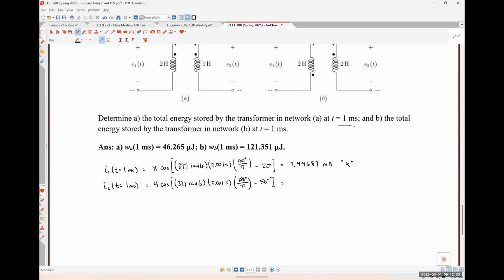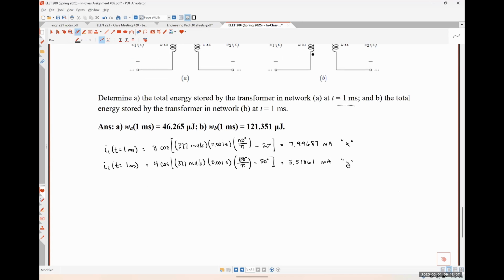And when I throw that into my calculator, I get 3.518611 and some change. So I'm going to store this in my calculator as Y.